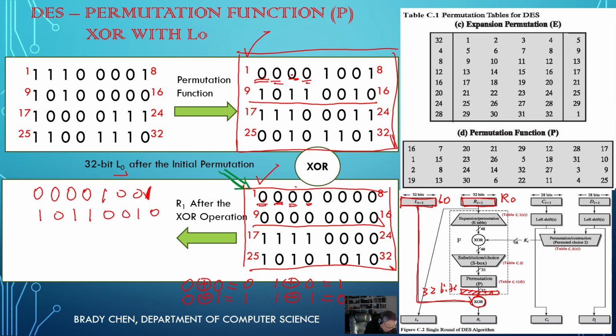Then let's look at the third row. 1, 1, we get a 0. 1, 1, we get a 0. 1, 1, we get a 0. And a 0, 1, we get a 1.